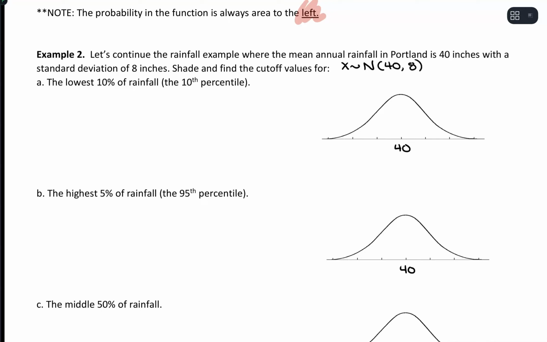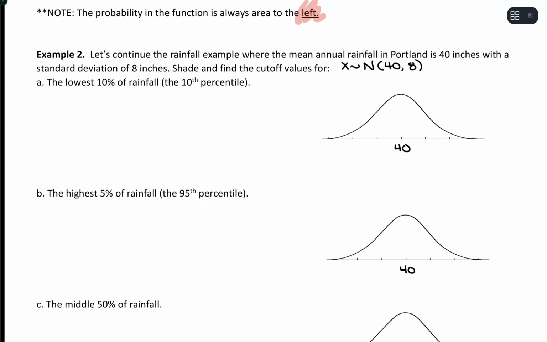Knowing our empirical model, we can get pretty close, but I'm just going to keep it vague from here. Whereas in the last section, where we knew where the cutoff was, having that full number line was really helpful. But in this section, knowing the percentage makes it tricky. So I have my bell-shaped curve, 40 in the middle, but that's all I'm going to do in terms of numbering.